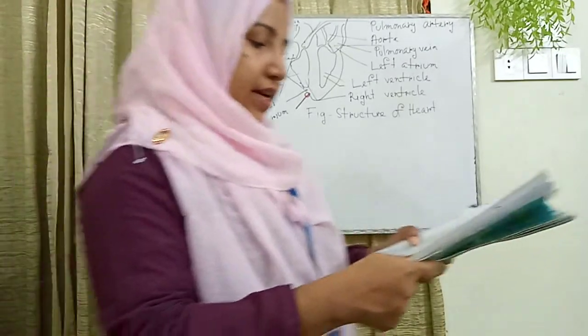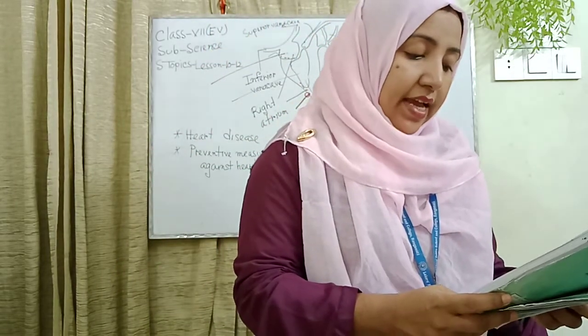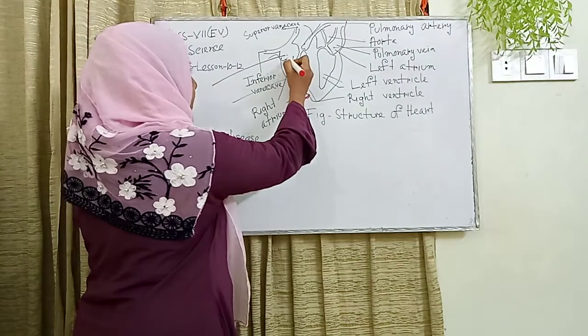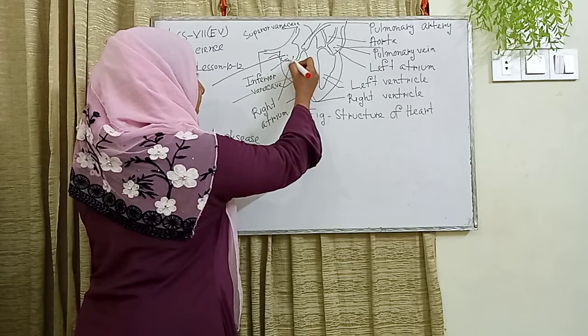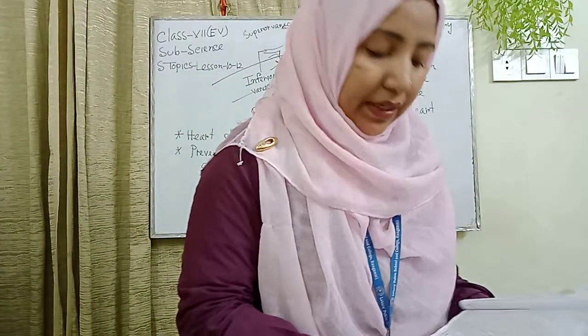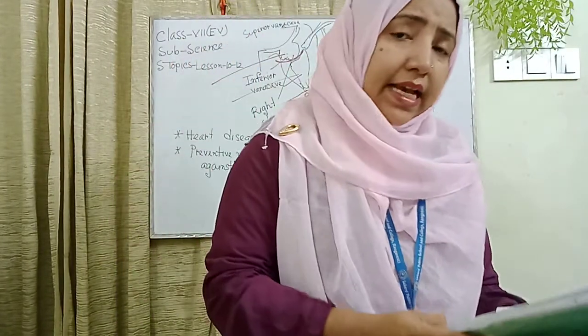Here are the atria and ventricles. In between the right atrium and right ventricle there is an atrioventricular aperture. The atrium and the ventricle are divided by the atrioventricular aperture. That aperture has valves.